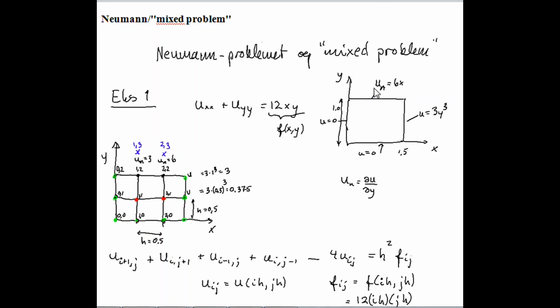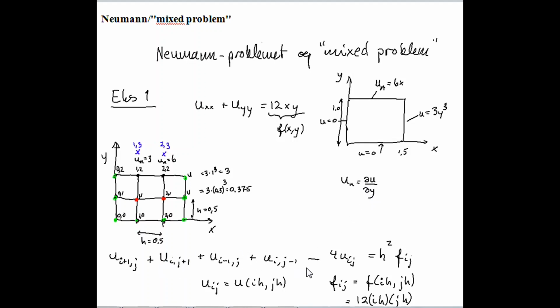Here we assume that the normal derivative is equal to 6 times x. The normal derivative, since it points in the y direction, will be identical with the partial derivative of u with respect to y. So in our computation we are going to use the approximation of this derivative, which we have shown you earlier. We will soon come back to this.